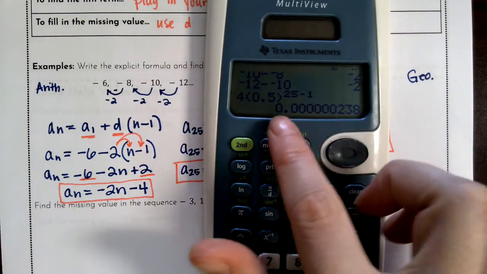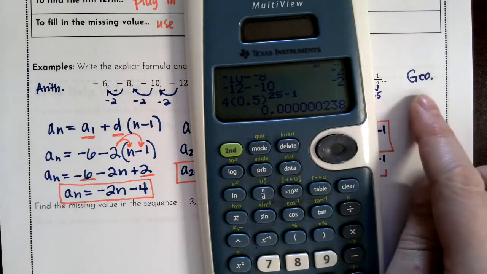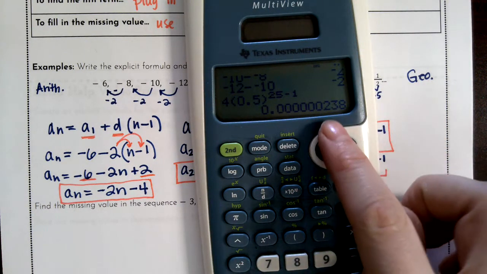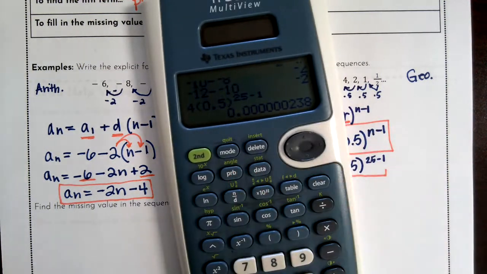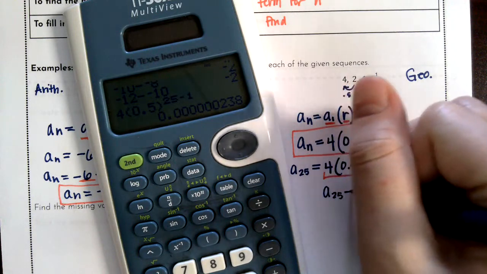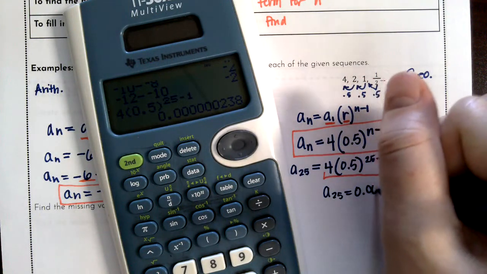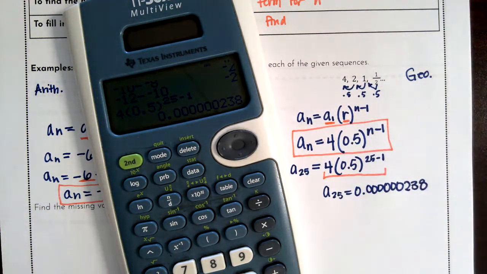And you get this very, very small decimal. And so geometric sequences change very, very fast. When we ask for the 25th term or 100th term, it'll probably be very, very small or very, very big. So this is the 25th term.